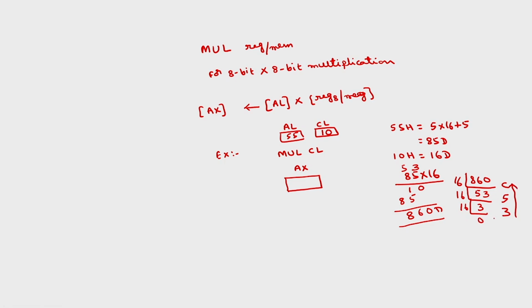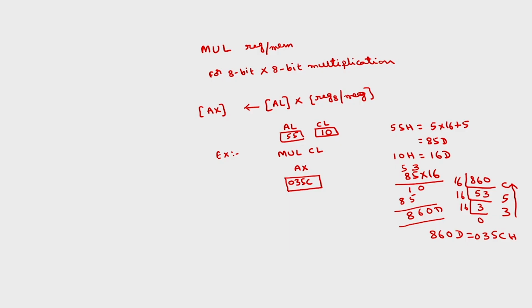So the answer is 35CH. 860 decimal is equivalent to 35C hexadecimal. You can add a 0 also, so the contents of AX will be 035CH. This is how the multiplication is performed.